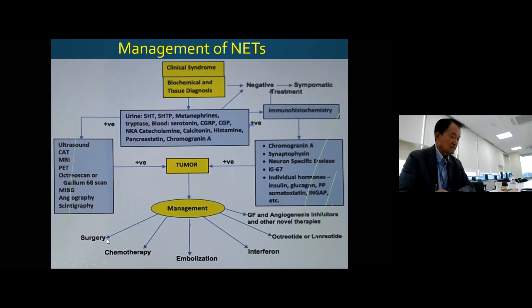Usually GI tumors require surgery because they will grow and obstruct the intestinal tract. Then certain octreotide suppression, and then some immune therapy, interferon, gamma interferon. Certainly, if there are liver lesions, embolization to shut down the tumor blood flow, and certain angiogenesis inhibitors, and then lots of new chemotherapy.